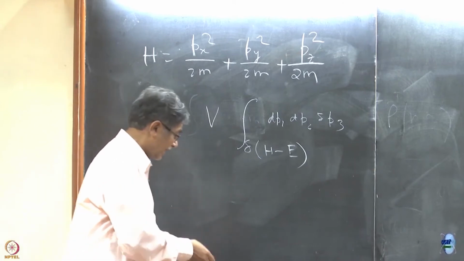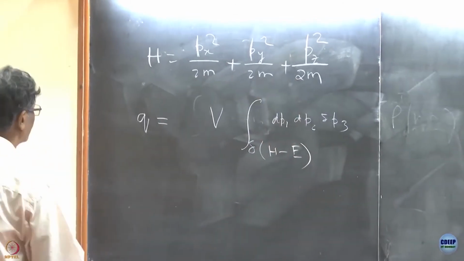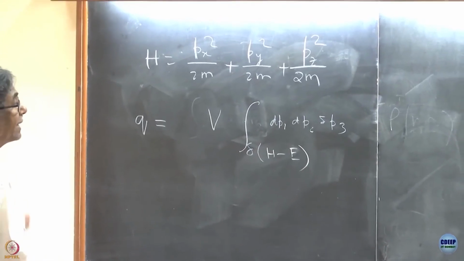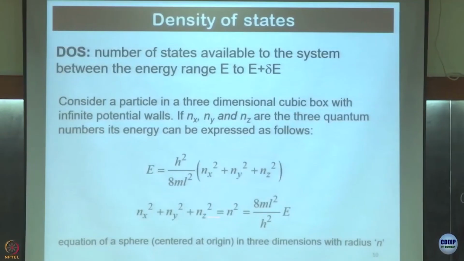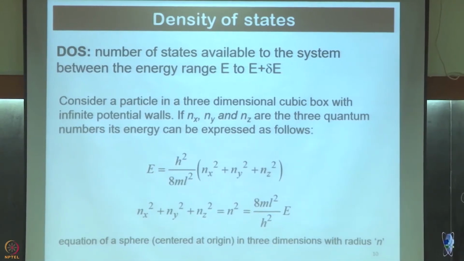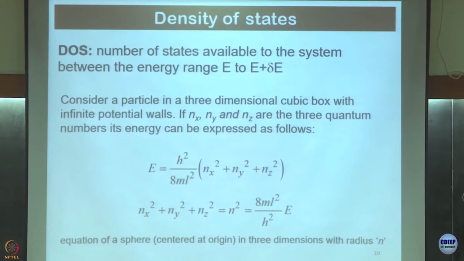Okay. However, in quantum it becomes easy, because in quantum I have to sum over energy levels and I can solve the particle in a box, and this is my volume here, the length of the box. This is cubic, I can give a cubic box, then it is like that. Now this is nx, ny, nz.